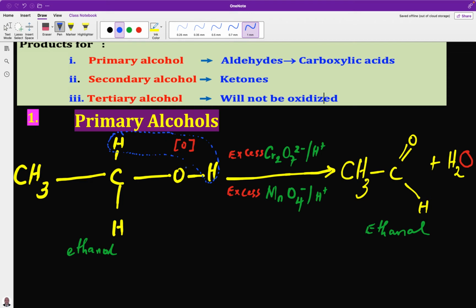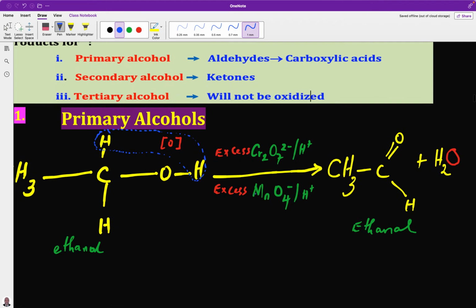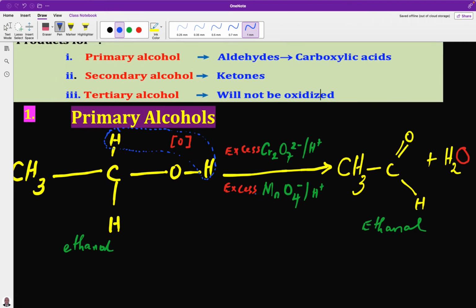As I said, oxidation is the addition of oxygen to a molecule and subsequent removal of hydrogen. In this reaction, a molecule of water is removed and the product is produced.